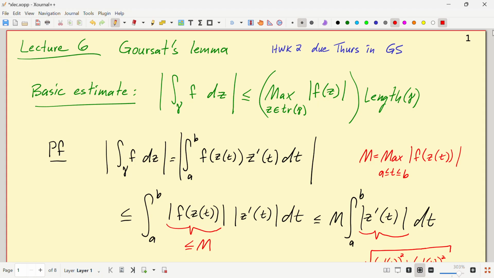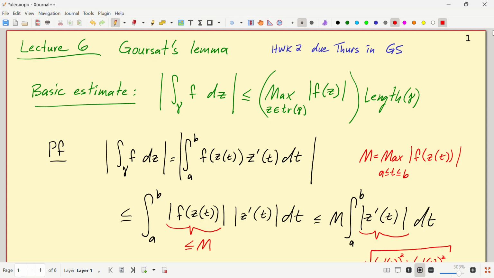Remember, the definition of that symbol is an integral from a to b of the other kind of integral, f of z of t times z prime of t dt. You think of that z prime of t dt as being dz. That's how you remember the formula. So that's just by definition. And the modulus of that, the first basic estimate for that kind of integral was that the modulus is less than or equal to the integral of the modulus of the thing inside.